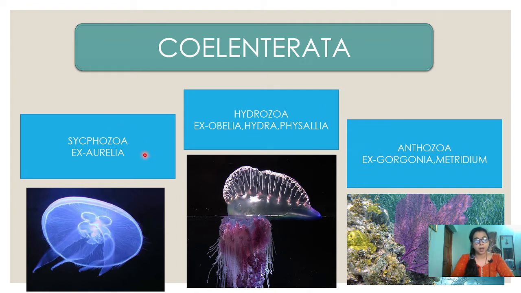Moving to the next, Scyphozoa. The example is Aurelia, that is jellyfish. And Anthozoa, whose examples are Gorgonia and Metridium, and this is the diagram of Gorgonia. So these are the three classes into which the phylum Coelenterata is divided, and we will discuss each of them in detail.